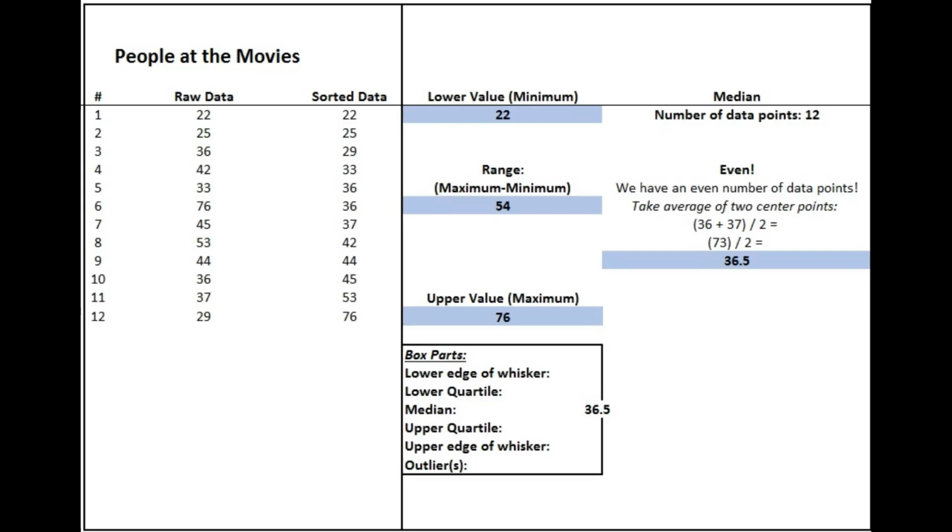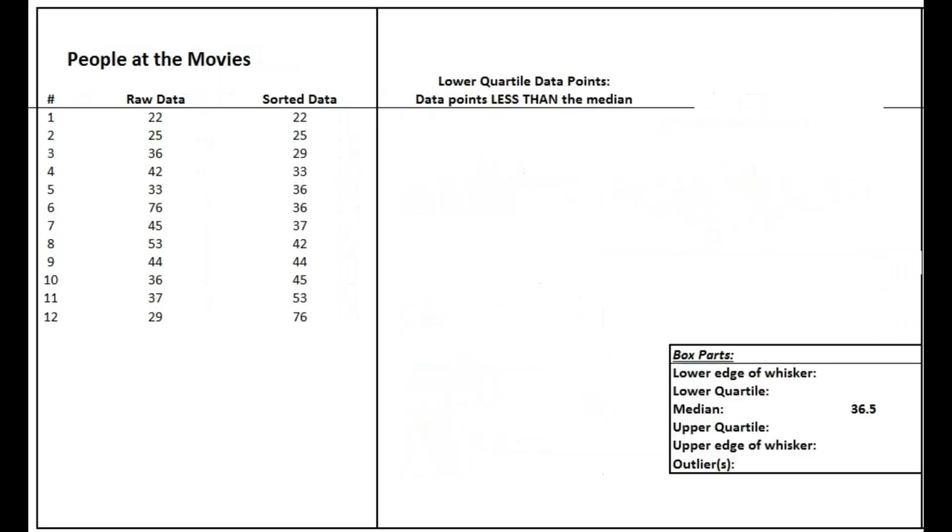All right, so let's go on to the next part of this. We found our median. Now let's go find our lower quartile. So we're looking at data points that are less than 36.5. All right, and as it turns out, we have 6 points: 22, 25, 29, 33, 36, and then 36. And yes, we have to count them both.